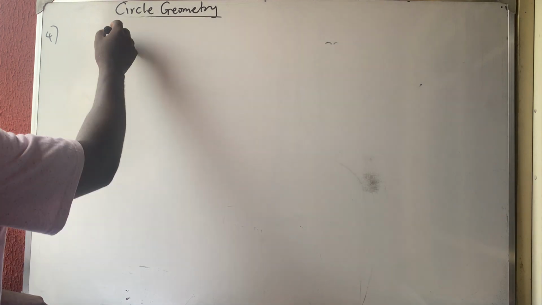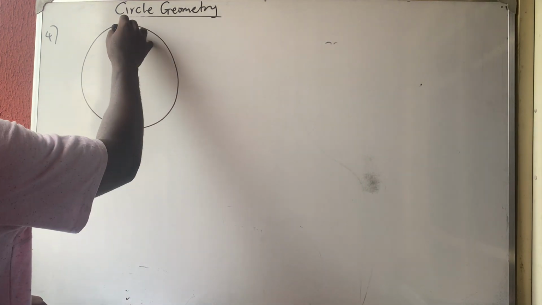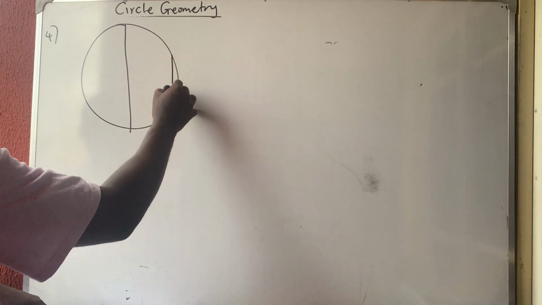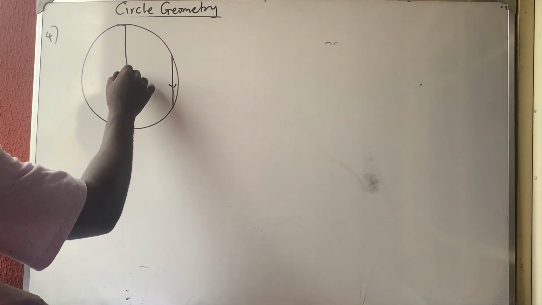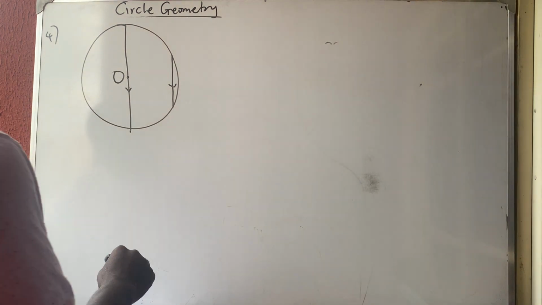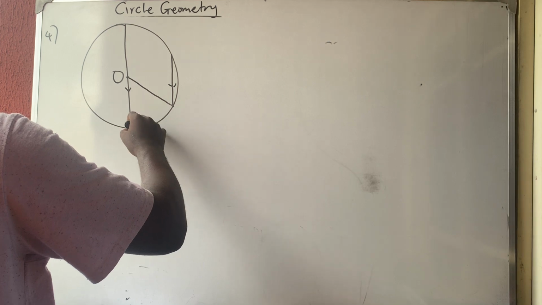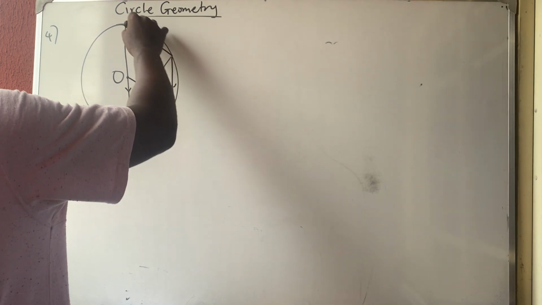Question number 4 gives us a circle with a straight line like this, and another straight line like this. They said that this one is parallel to this one, and that here is center O. From the center to this place is the radius. We now have from here to here and then to here.